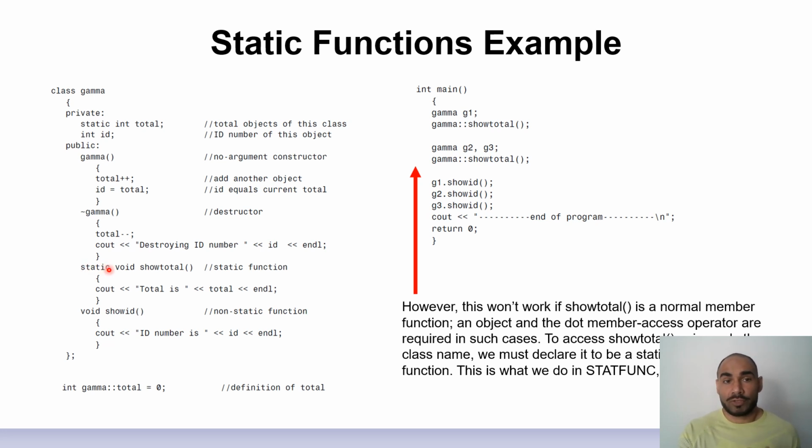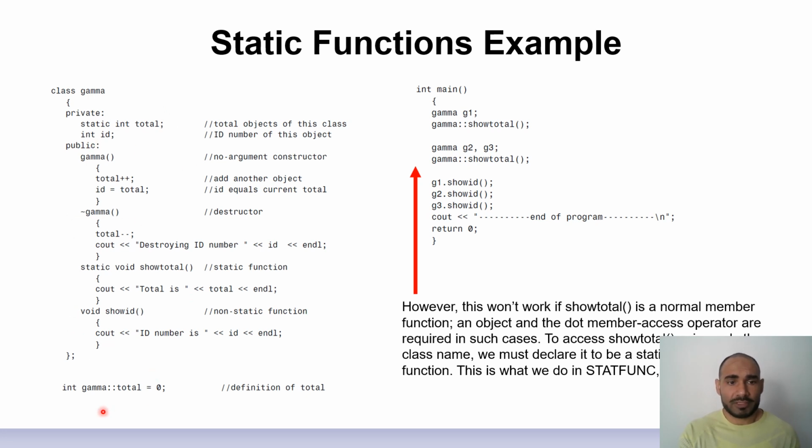We'll understand how we call the static member functions, and then we also have this show ID. To display this total, which is a static data member, we have a static member function, and to display this ID data member, we use this simple member function called show ID, which is not static. Okay, let's see what happens now.